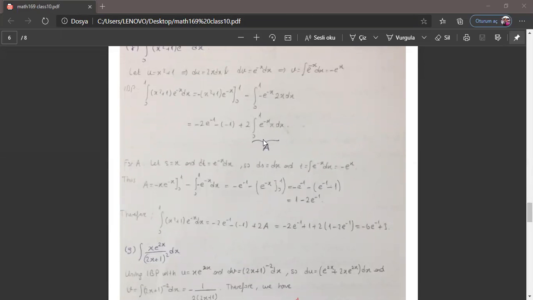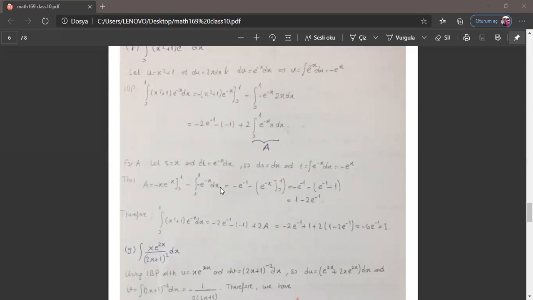Now here we have this integral, we have x e to the minus x, right? So it's clear that we need to apply integration by parts for that. So we say s is equal to x and dt is equal to e to the minus x dx, and differentiate and integrate to get the values that we will use after. So A is equal to s times t minus the integral of t ds.